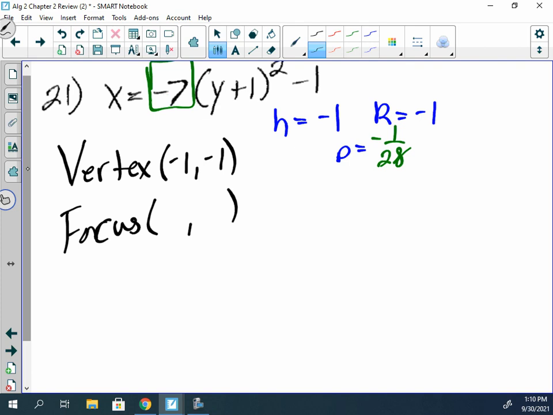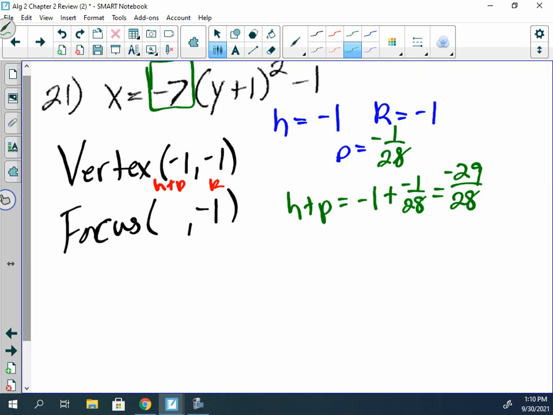Well, for x equals, it is H plus P, comma, K. Well, the value of K is -1. Now, we also have H plus P. Well, that would be -1 plus -1/28, which would be -1 and 1/28, or -29 over 28.